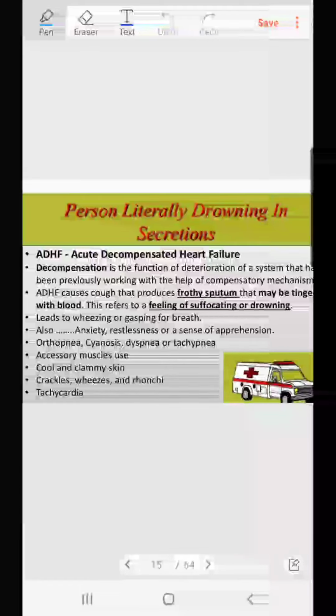This refers to a feeling of suffocating or drowning. It leads to wheezing or gasping for breath, also anxiety, restlessness, or a sense of apprehension. Orthopnea, cyanosis, dyspnea, or tachypnea. Accessory muscle use, cool and clammy skin, crackles, wheeze, tachycardia.